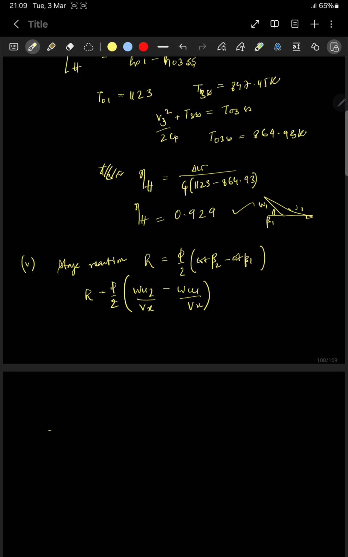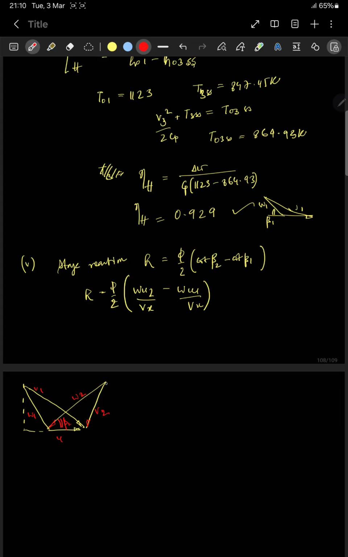Let me draw the velocity triangle. This is V1, this is W1, this is U, this is V2, W2, so this is beta 2.